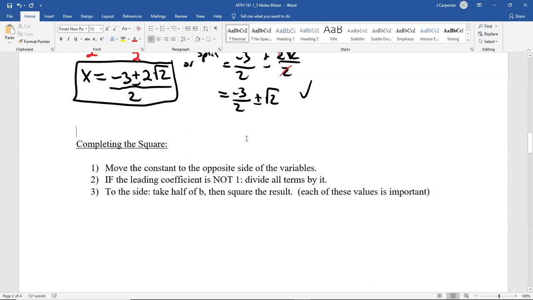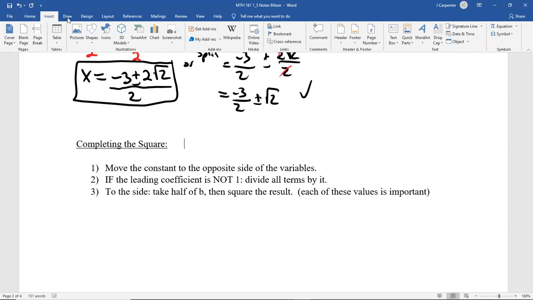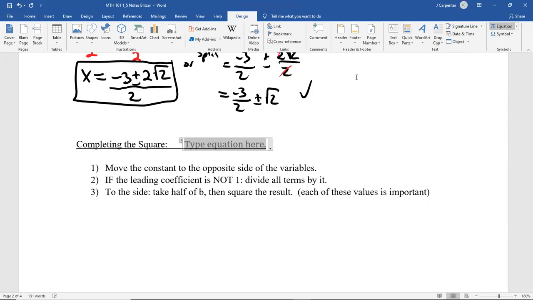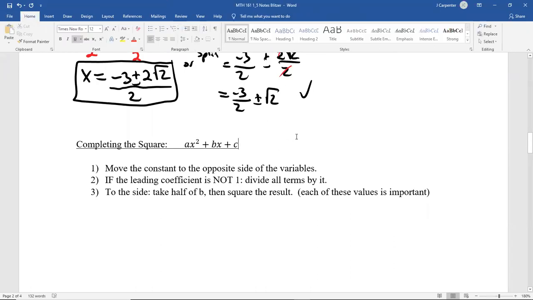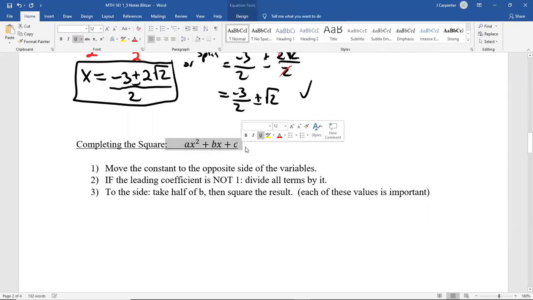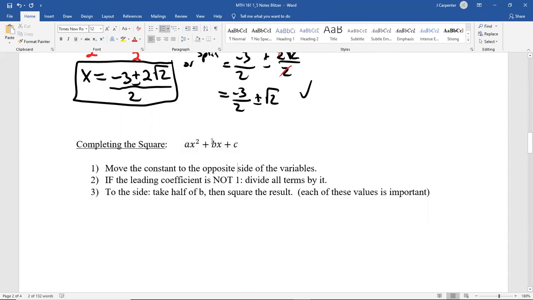All right, so we're completing the square on something like ax squared plus bx plus c.